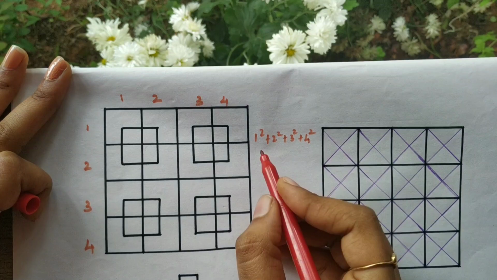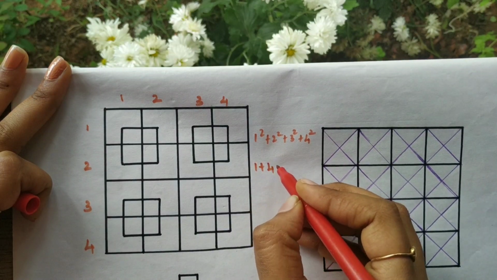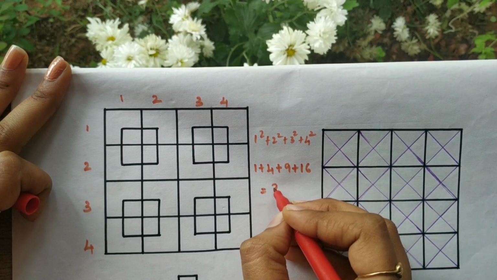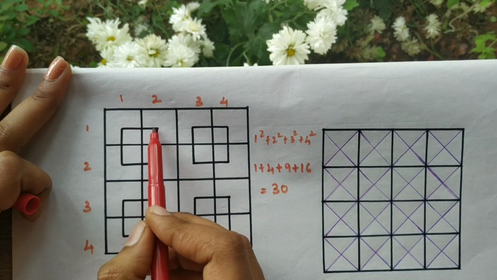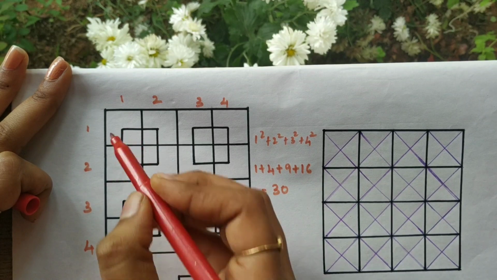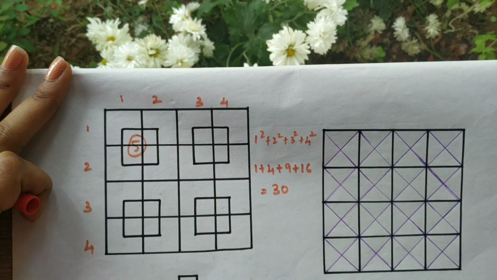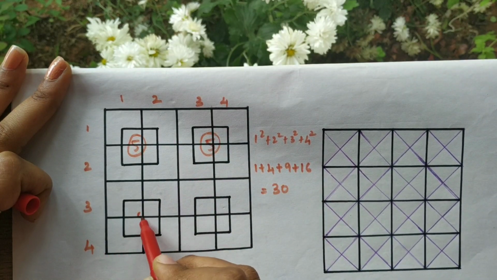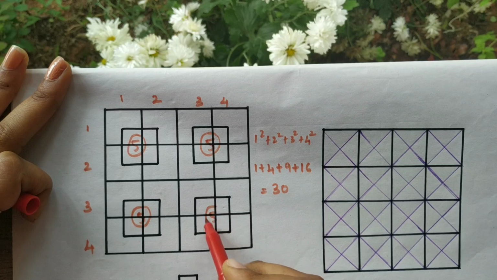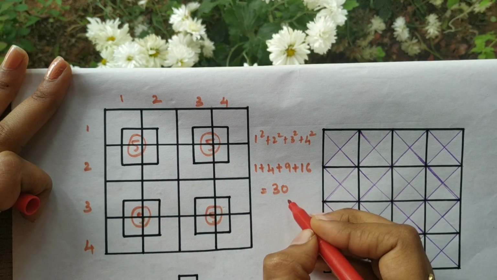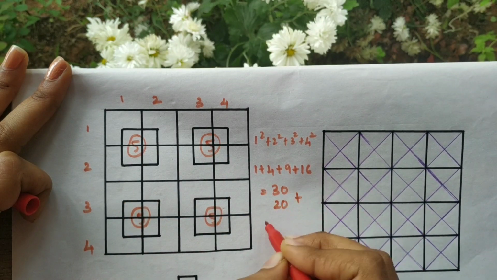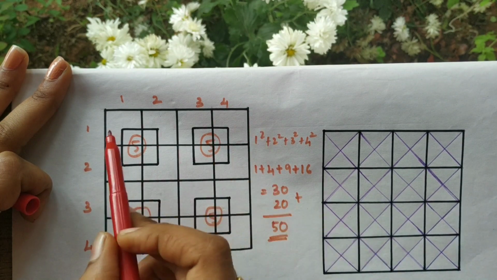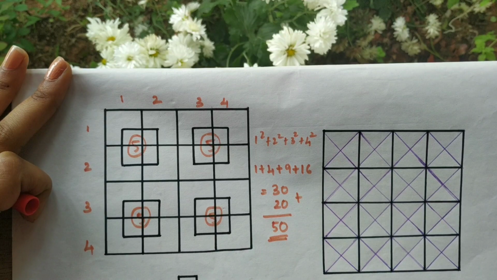That is 1 plus 4 plus 9 plus 16, so it is 30. And we know this particular base figure has 5 squares. So 5 plus 5 plus 5 and 5 is 20. So 30 plus 20 is equal to 50. This figure has 50 squares in it.